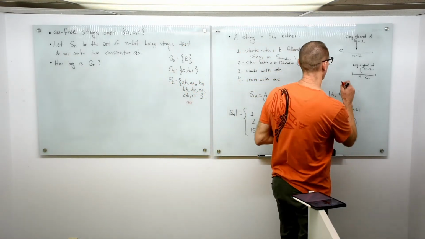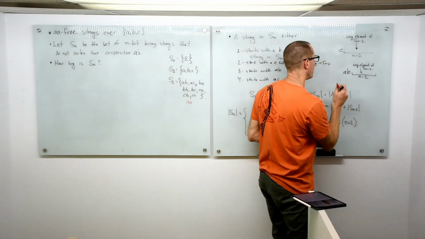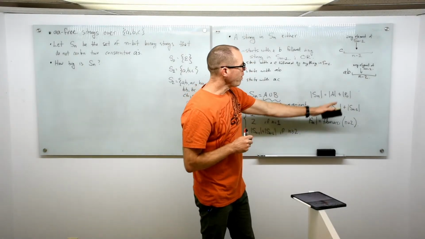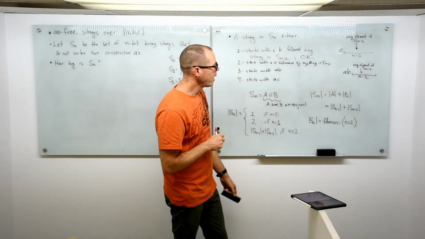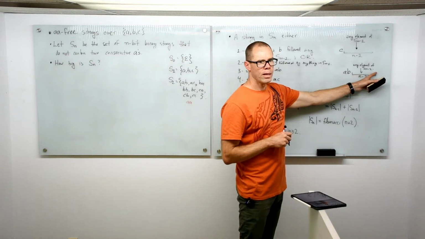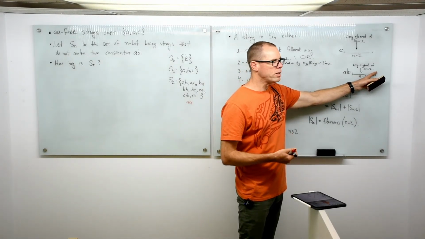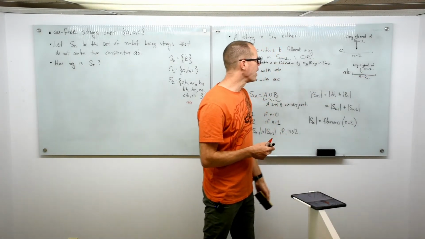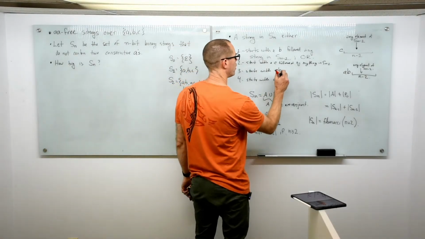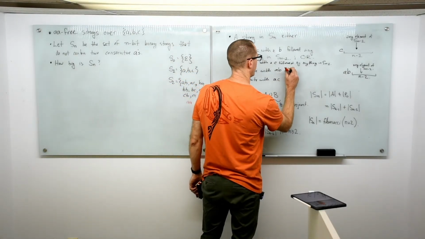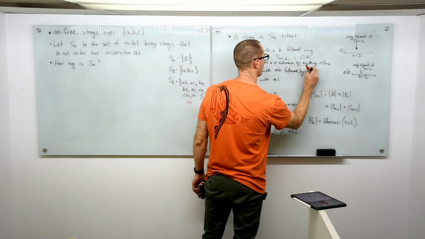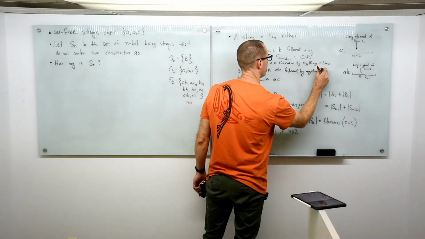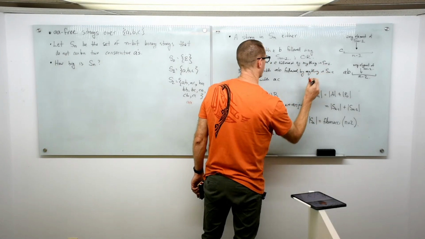So if I put in AB here, I have n minus 2 other locations to fill in. I can put any string there as long as it doesn't contain 2 A's in a row. So indeed, it's any element of Sn minus 2, followed by anything in Sn minus 2.